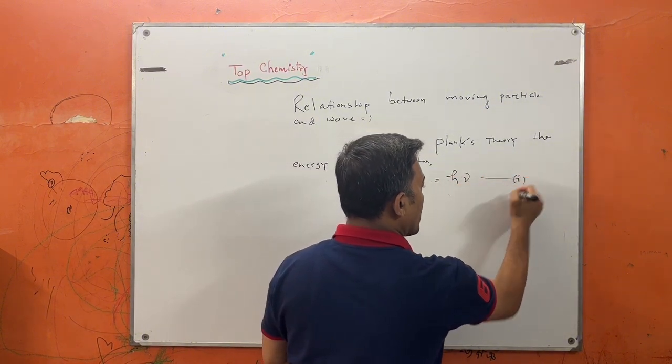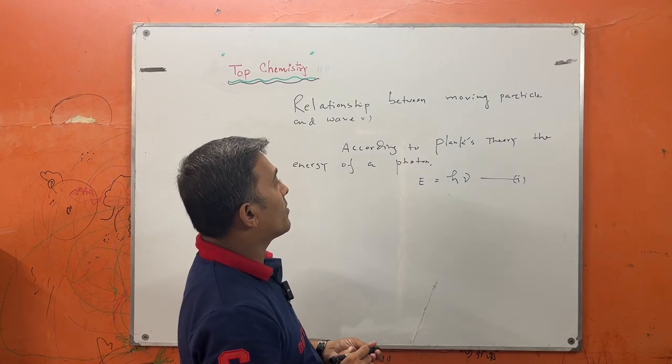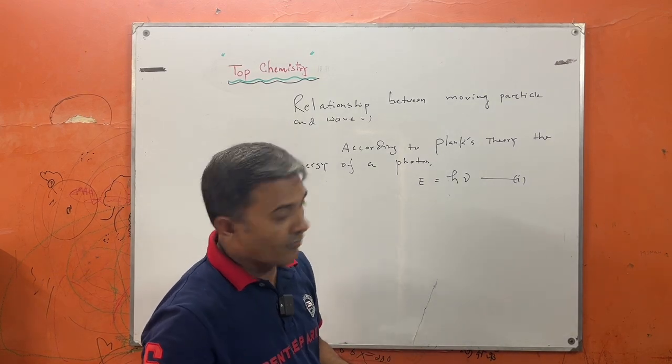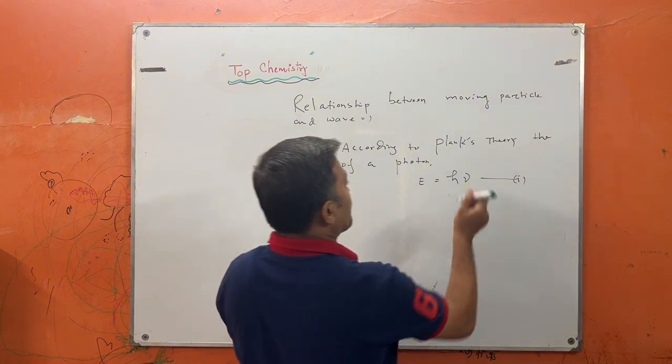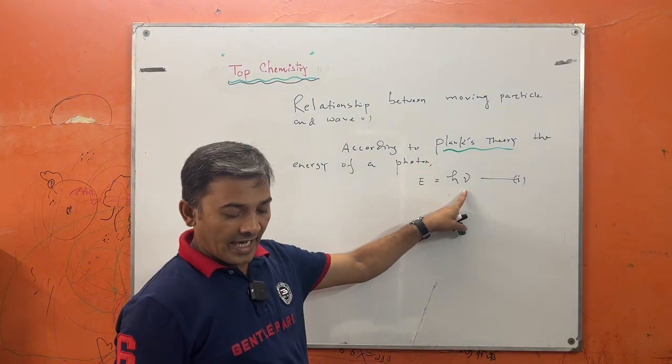Number one, we know the formula of Planck's theory. What is Planck's theory? E equal to h nu.